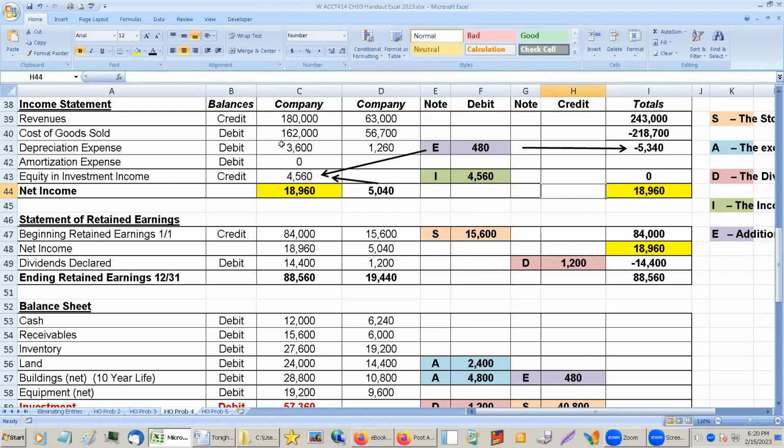This additional 480 will be included, so it'll be 3,600 plus that. But yeah, if you own 100% of the company, it should come out to be exactly the same. And the reason for that is that the equity method is basically doing exactly what we're doing on the screen here. And that's why they use it for the most part.